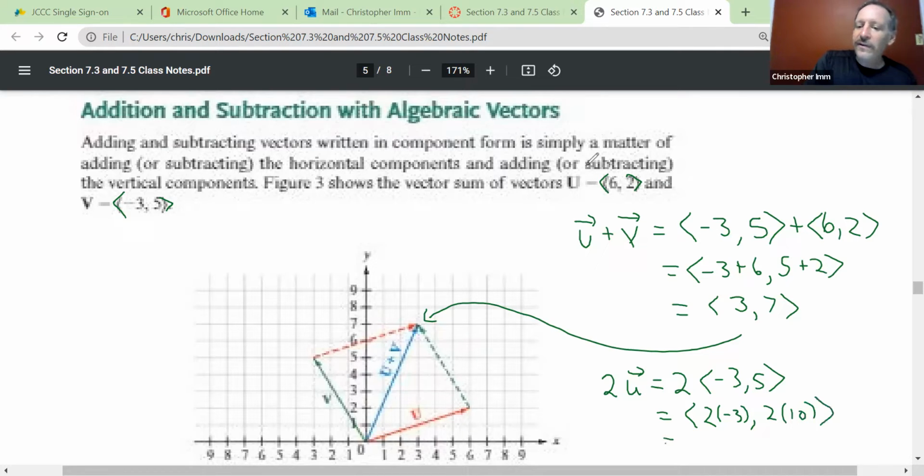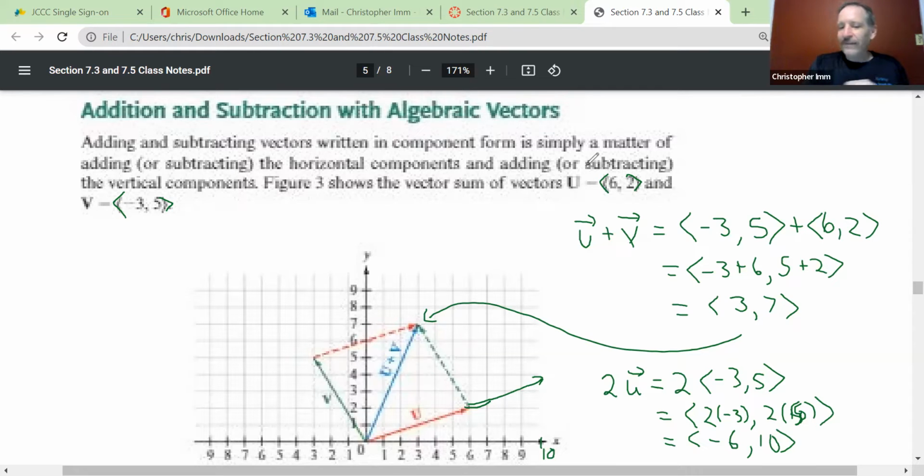It looks like I prematurely did that multiplication. -6, comma 10, right? So if I scaled this vector u and made it twice as big, there we go. I should be at the point 10, -6.